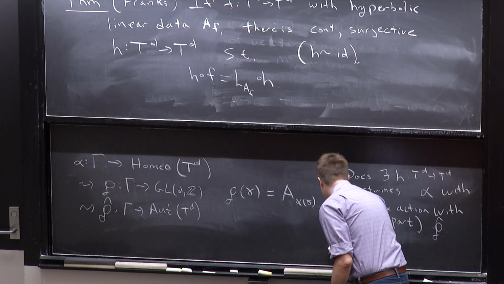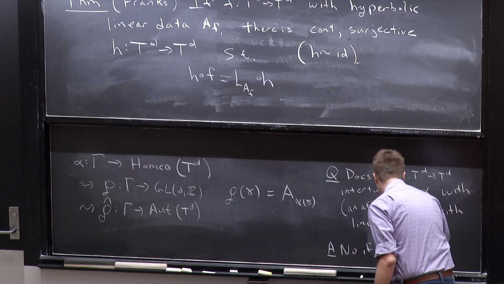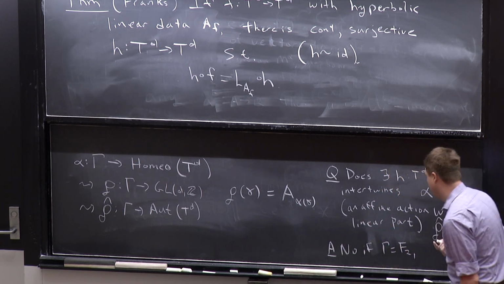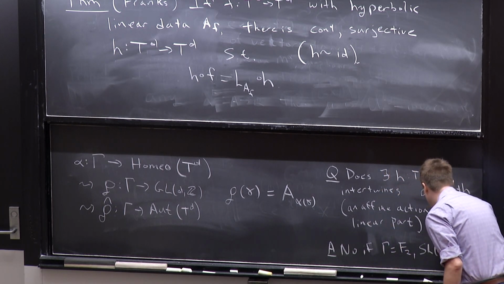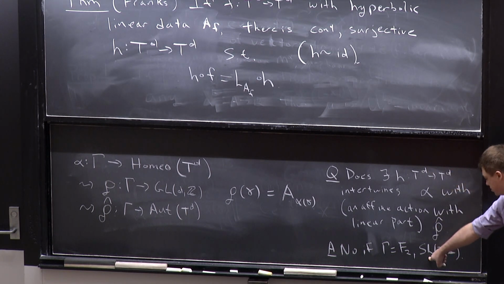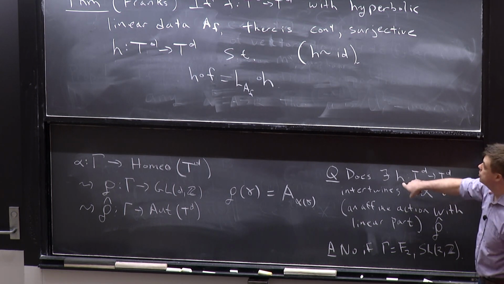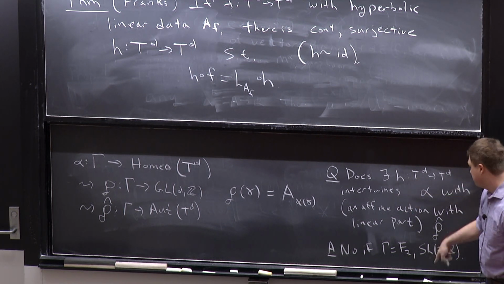And of course, the answer is no. If you look at things like the free group on two generators, or its cousin, things like SL_2(Z), you can definitely find very nice actions of SL_2(Z) that can't be semi-conjugated by continuous surjective change of coordinates to something affine.